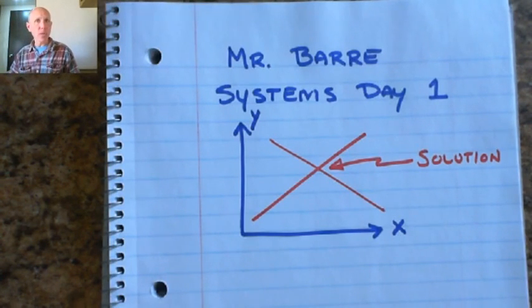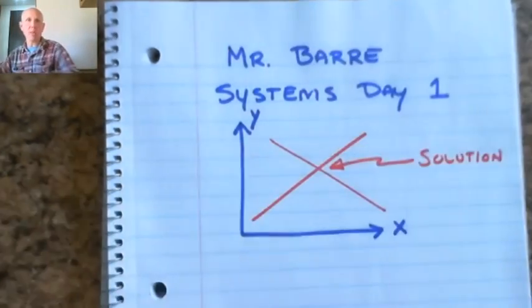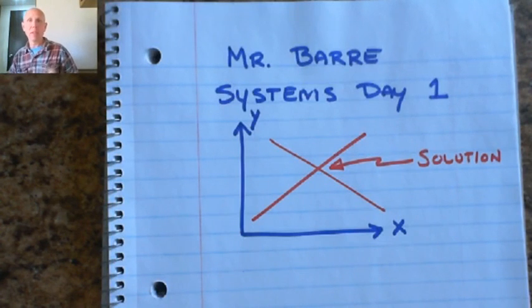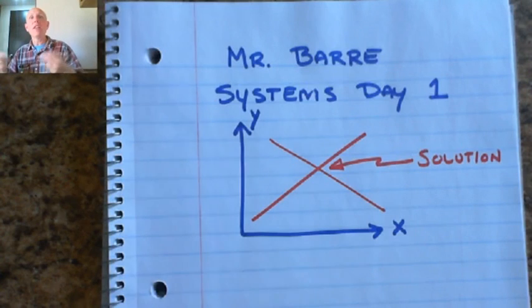In the past, we have graphed those lines. We graph a line, we graph a line, we find the solution. But I don't want to graph them anymore. I want to find another way to find the solution.